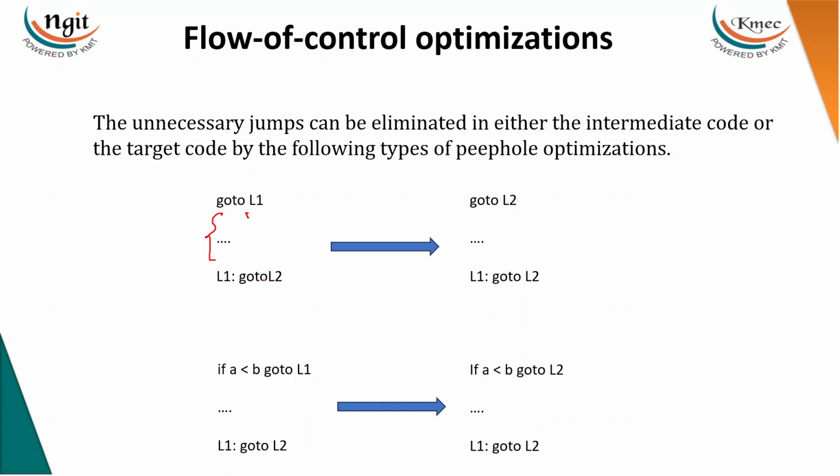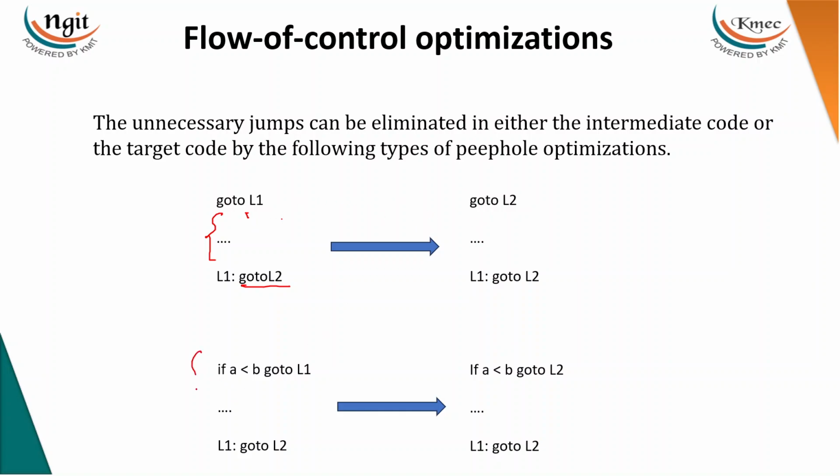Here we can directly write go to L2, because in L1 also we are mentioning go to L2. What is the need of writing go to L1 and then go to L2, the redundant? So directly here you can write go to L2. Automatically it will jump to that. So this is the unconditional jump.